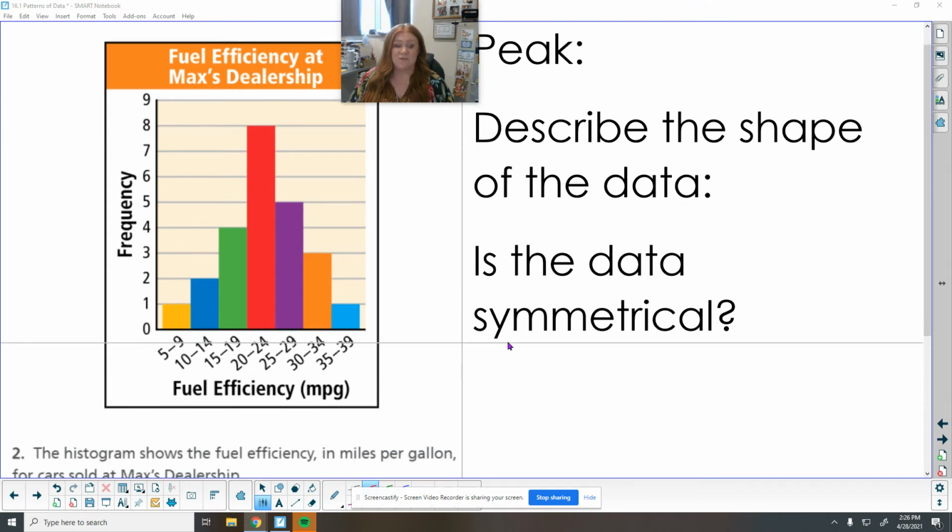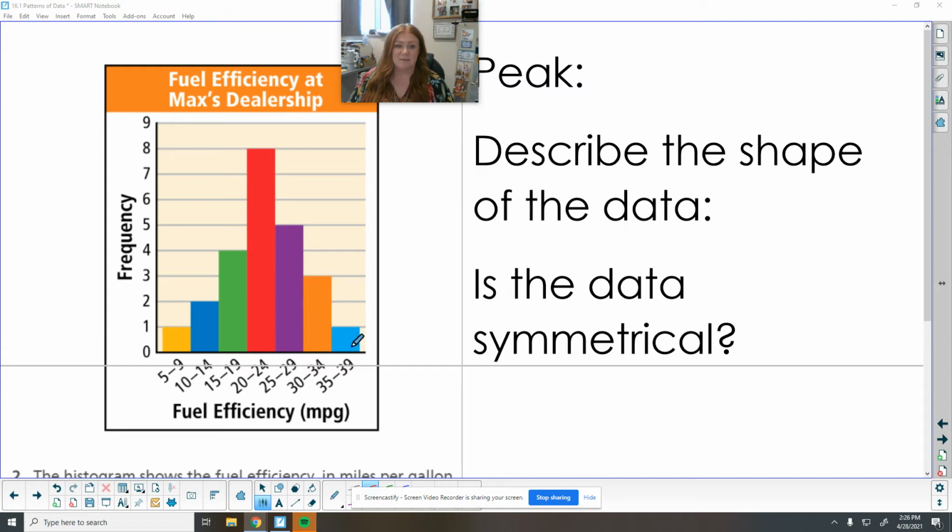First, let's look at the peak. Our peak is the highest point. The peak fuel efficiency says that there are 8 vehicles that have a fuel efficiency of 20 to 24. So the peak, the most common number, is 20 to 24.